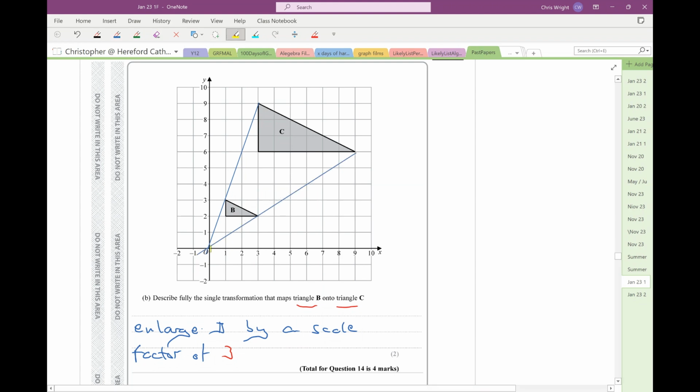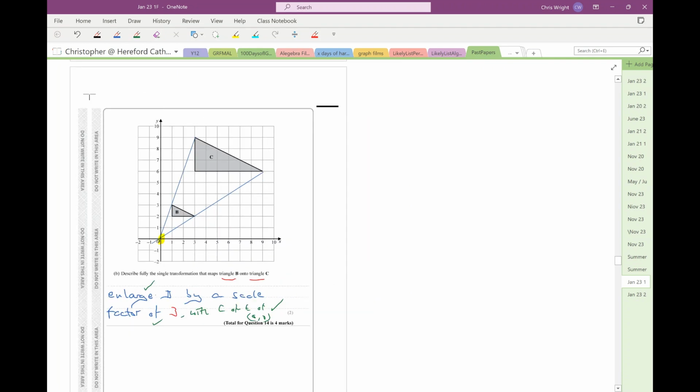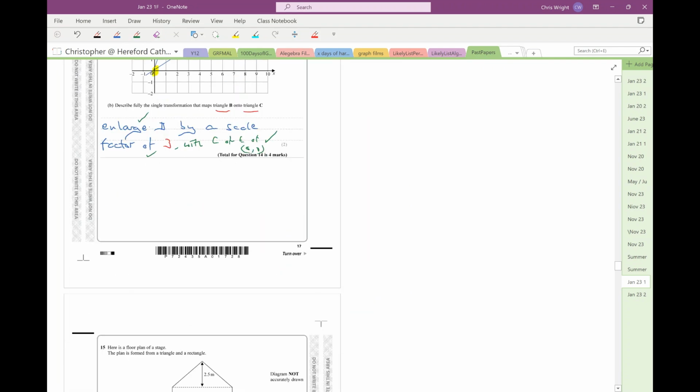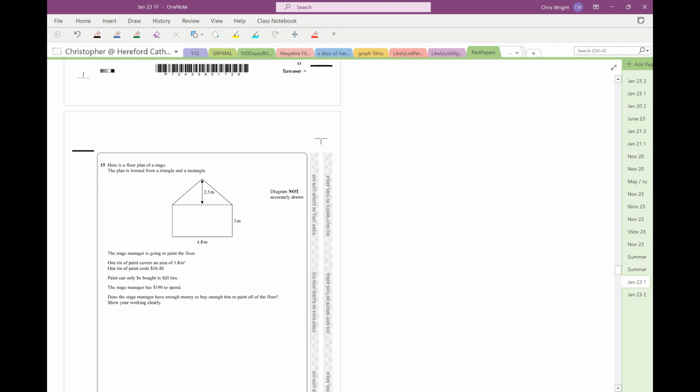Looks to me as if the centre of enlargement is the origin. So I shall say, you'd have to write it in long form, centre of enlargement of 0, 0. Okay, enlarge by a scale factor with the centre of enlargement. Okay, that's the end of question 14. Let's move on to question 15.